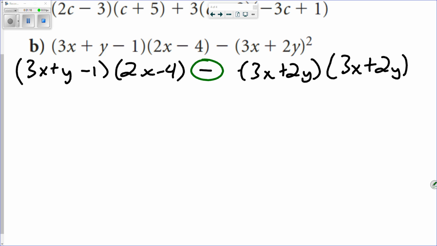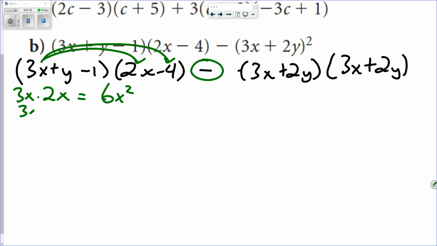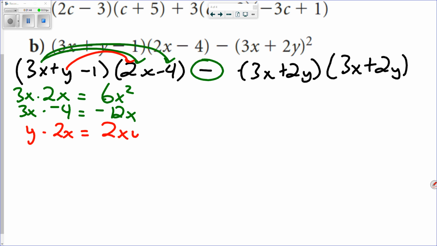So, right, we have our 3x times 2x is 6x squared. We have 3x times negative 4 is negative 12x. We have y times 2x is 2xy.